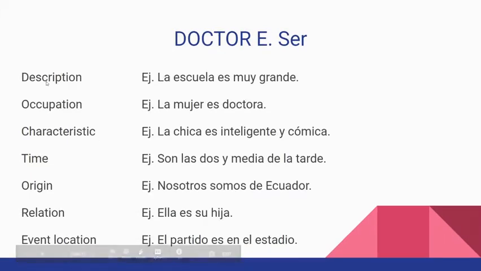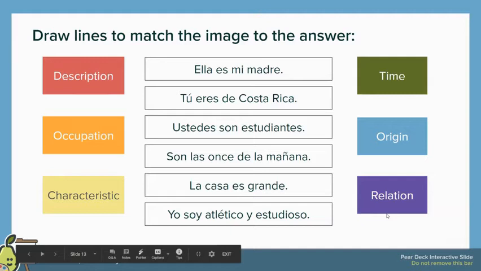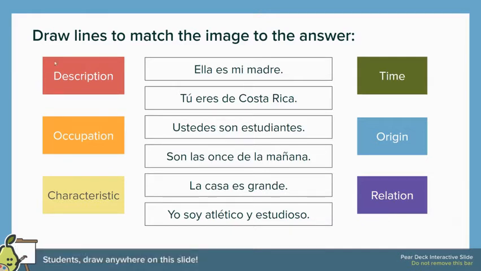So here we just have, once again, all of our ways to remember to use ser: description, occupation, characteristic, time, origin, relation, and event location. So then what I want you to do is think about these. In which one of these sentences are we using a description?